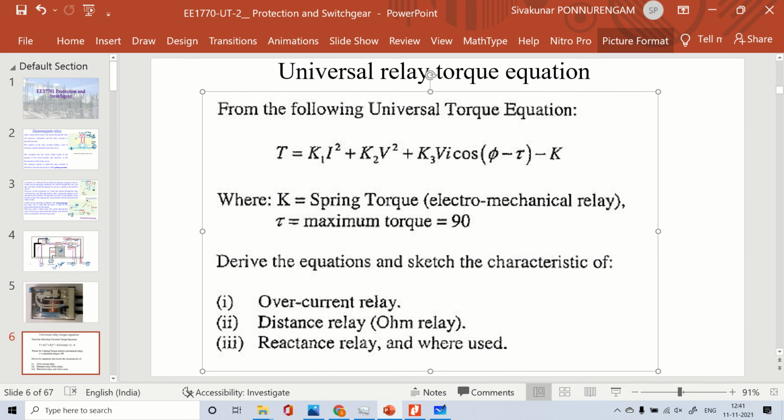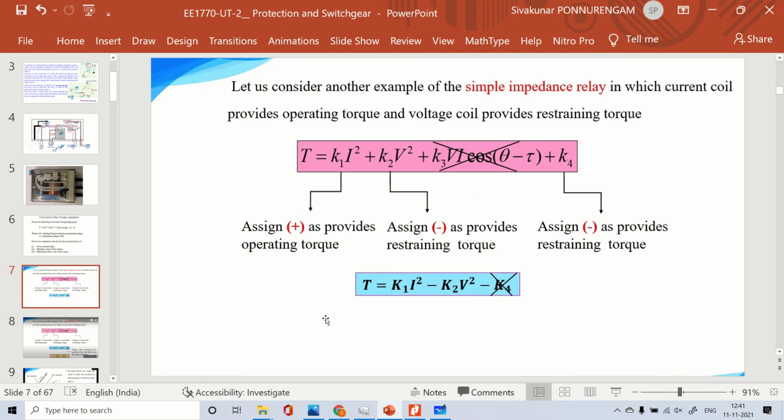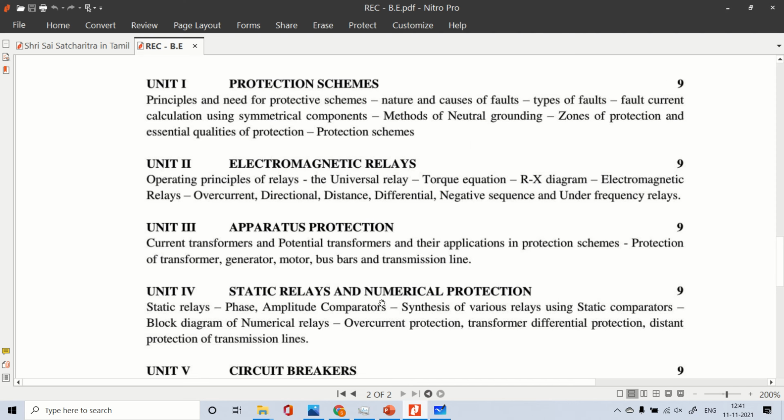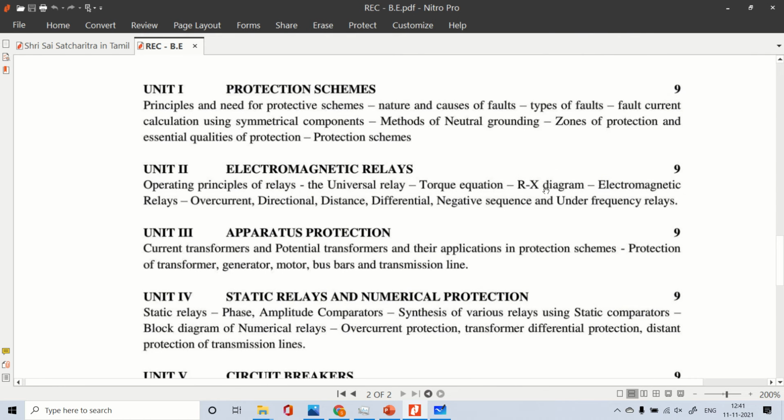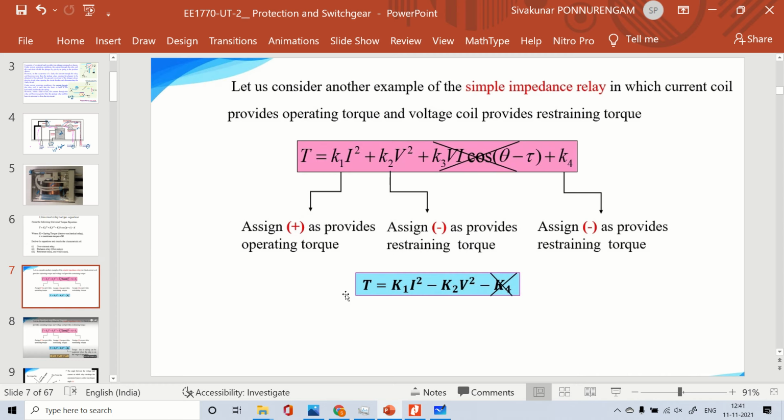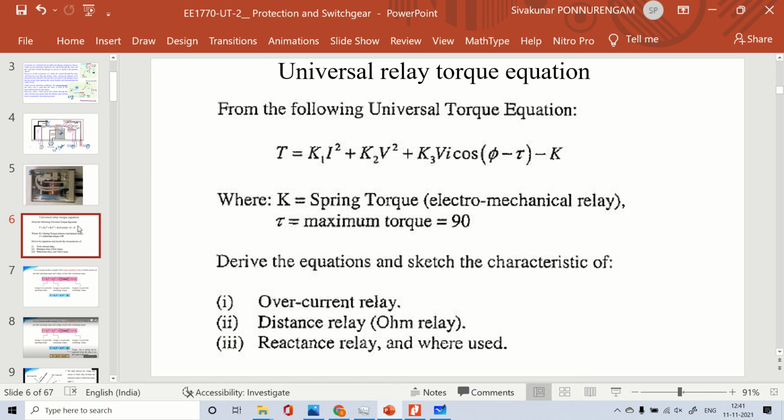Apart from this, the other topic is the R-X diagram of the relay. So today we are going to see the universal relay torque equation, and next the R-X diagram. These two topics we are going to cover in this video, right?